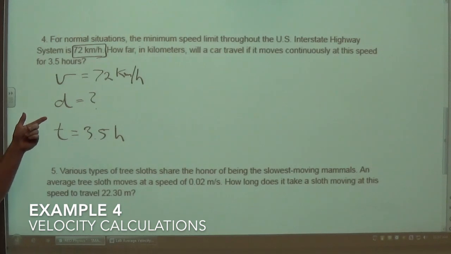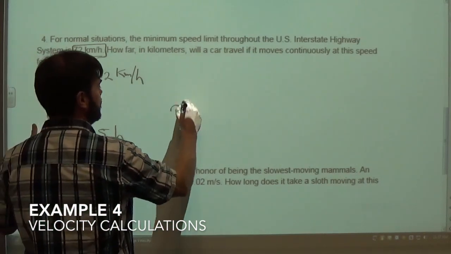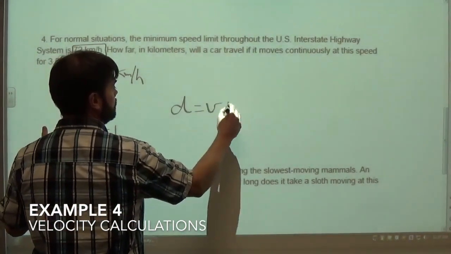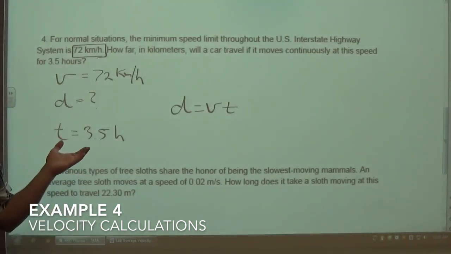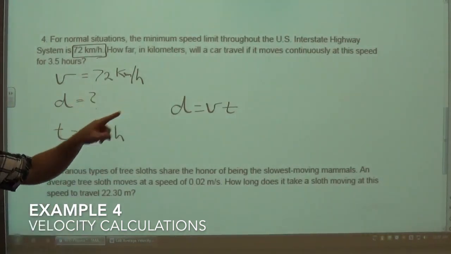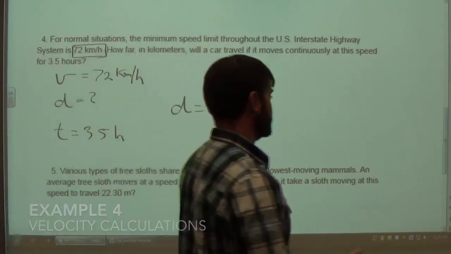If we're trying to solve for distance, we know that velocity is distance divided by time, so we're going to be using the equation for distance, velocity multiplied by time. You can set up what you got, and you can see that hours will cancel with hours and we should get kilometers.